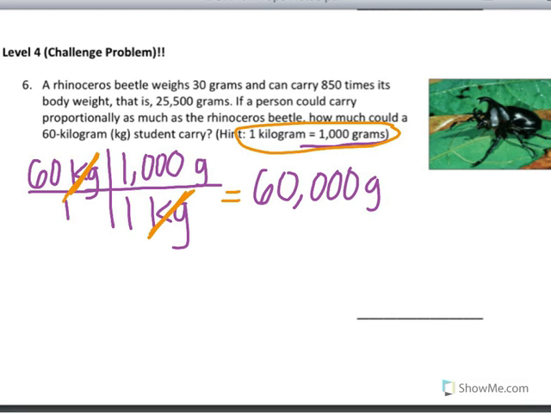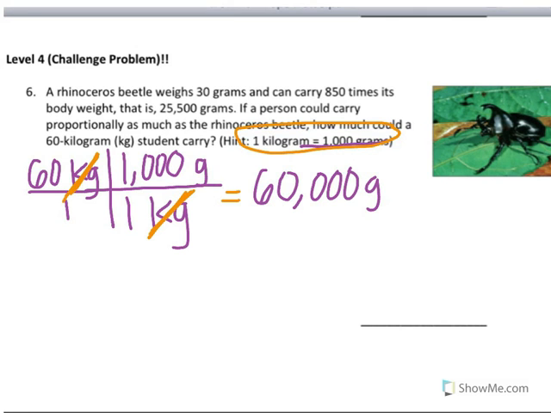What we're going to be talking about here is let's set up a proportion of the weight. The weight of either the beetle or the person over how much they can carry. This is going to be our proportion. Let's see.